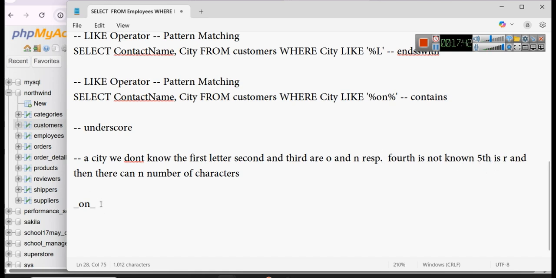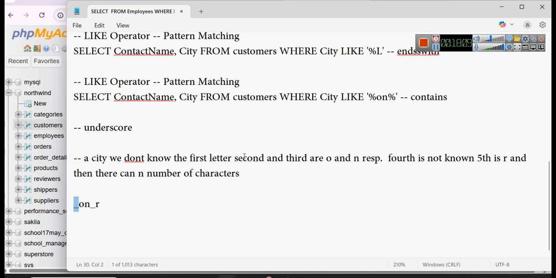Fifth is R. And then there can be n number of characters. When we are specifically saying one letter, are we saying we don't know how many letters are there in the start?